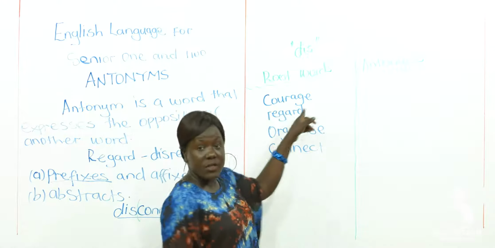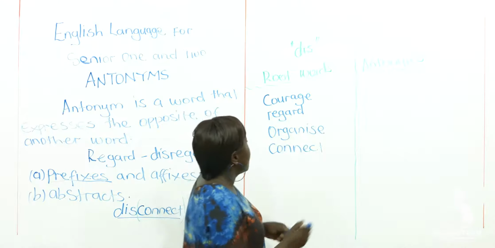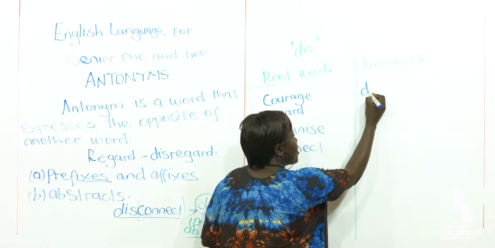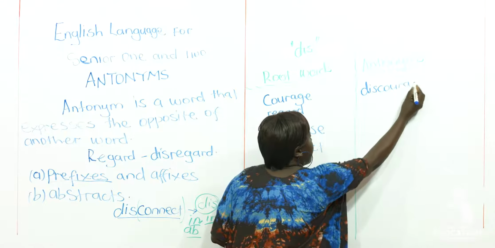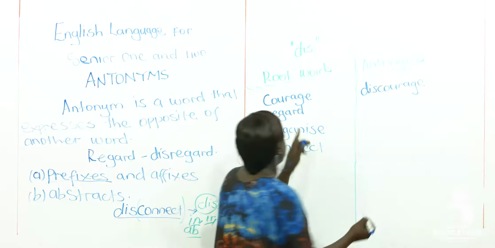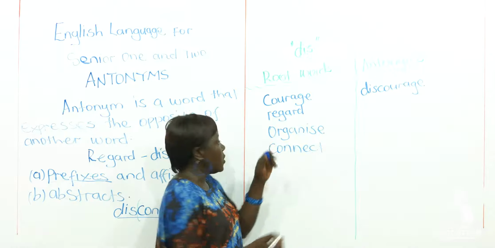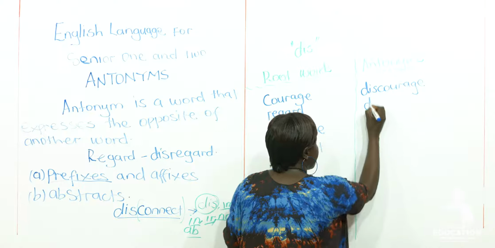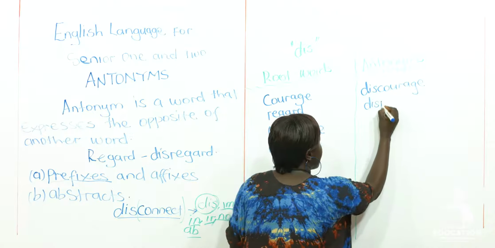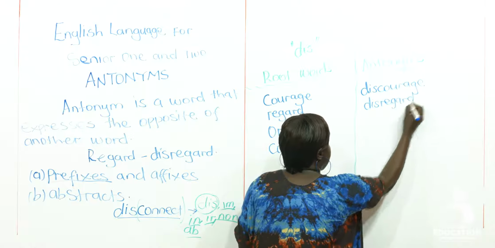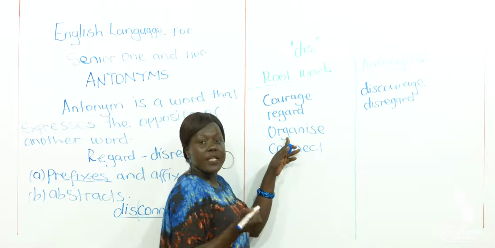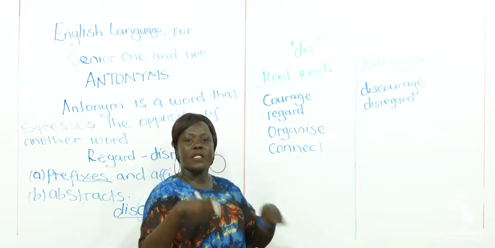Now, let us form the antonyms from these words using the prefix dis. This one will now change into discourage. Meanwhile, this one will now change into disregard. Organize will change into disorganize.